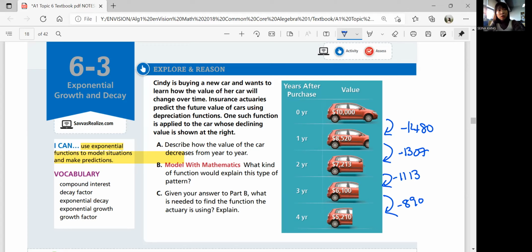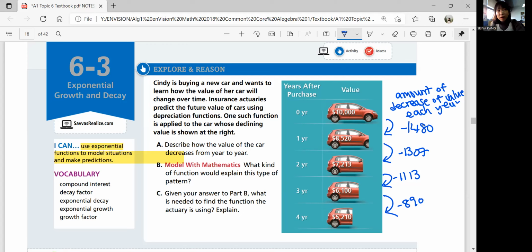Okay, so how can we describe the value of the car? How much it is decreasing? Like the amount of decrease every year. Is it increasing or decreasing? This is the amount of decrease of value each year.